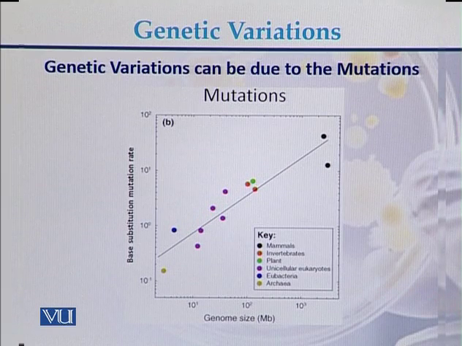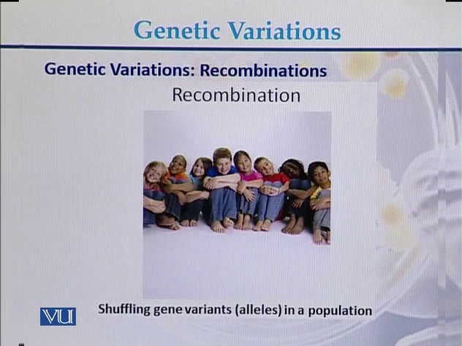So mutation is responsible for the genetic variations found in different individuals of a species. Another reason, the second reason, can be recombination.